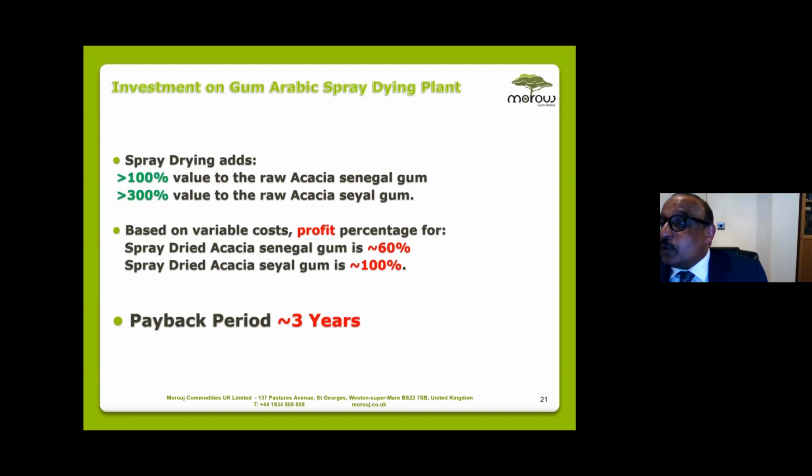They already import gum for their own spray drying production, and they import nearly 8,000 or 9,000 tons from France. Then they have a market in China, a huge market, and I think they're increasing. Then most of their sales, I think, are in Europe, Russia, and Asia.